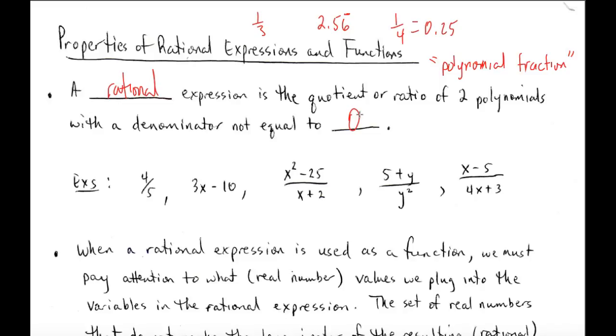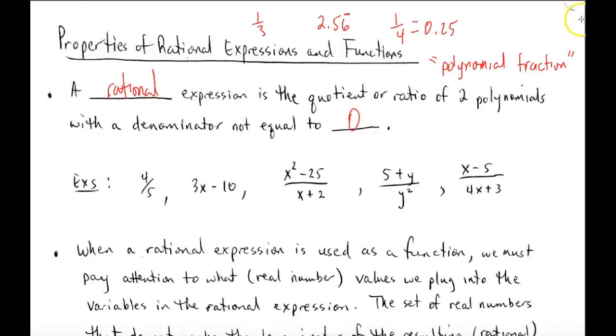Okay? And we'll also see that although we may get solutions from the process of solving a rational equation, not all of the solutions will work. Okay? So let's go ahead and move on.